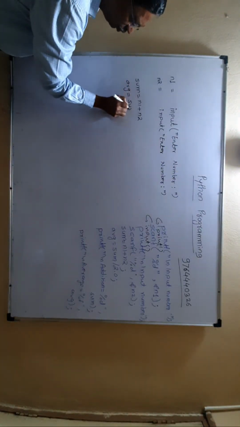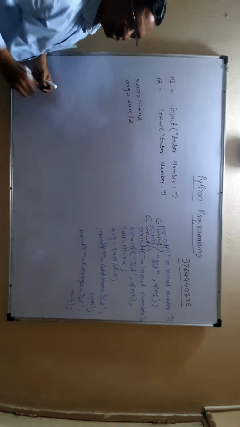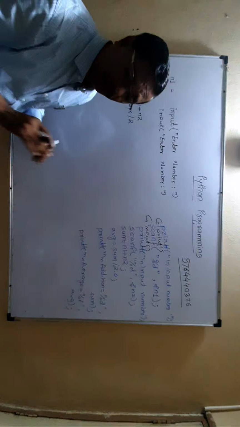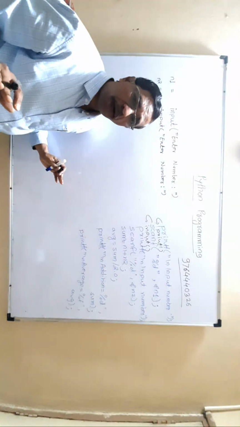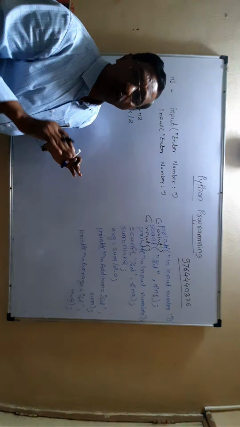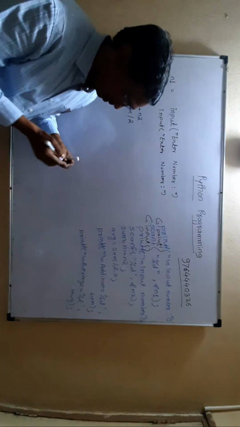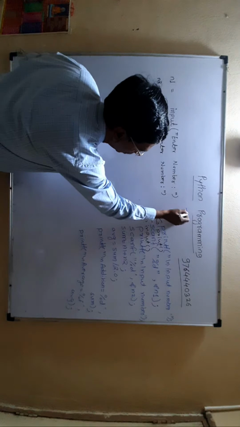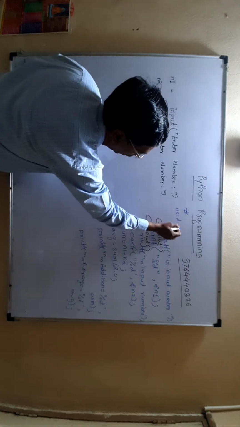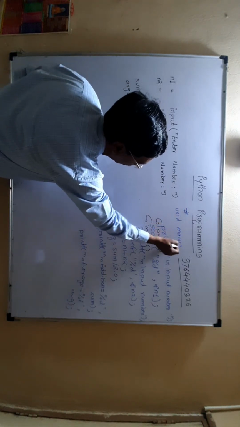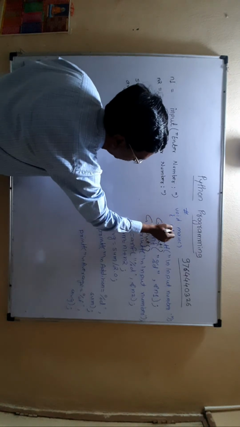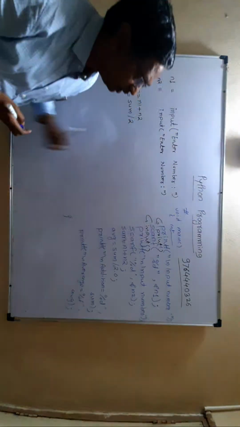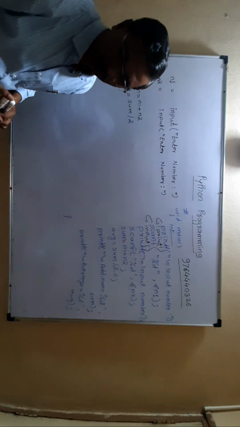Average is equal to sum divided by 2. We don't give any semicolon to indicate end of statement. No variable declaration is required. We don't use any hash include and all. Here in C programming, we have to use hash include, then void main, open bracket, variable declaration, then close bracket. Here we don't declare any variables.